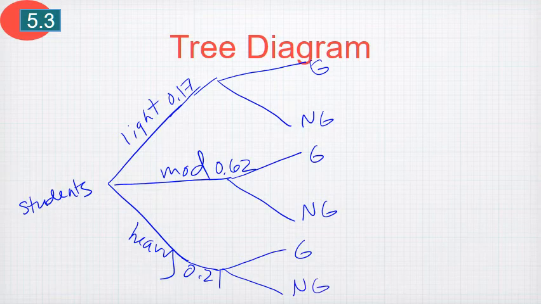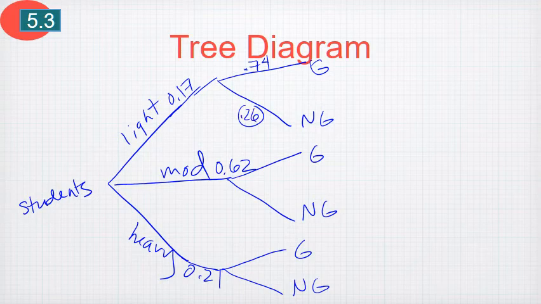We were actually only given the probability of good grades, given that they were light users. So that's 0.74. But how could I figure the other one out, just in case I wanted to know it? It should equal 100%, right? So 1 minus 0.74 should be 0.26.